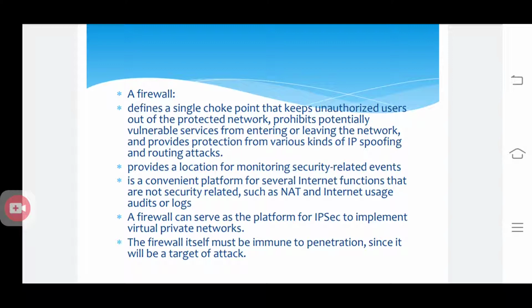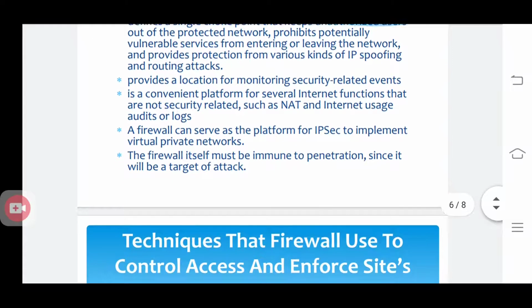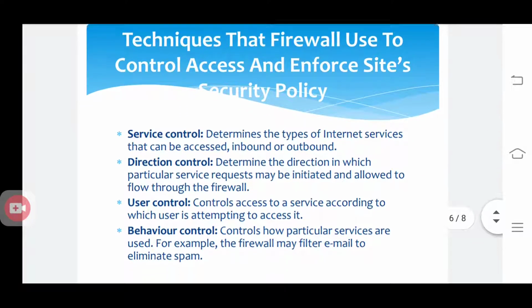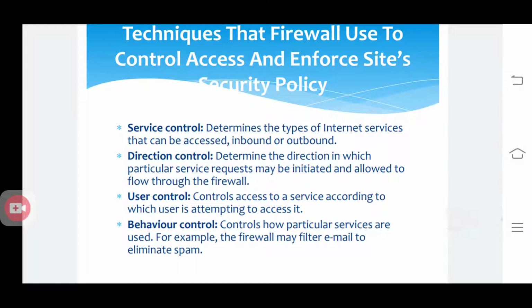So these are the features of firewalls, and the techniques that a firewall uses to control access and enforce site security policy. They provide service control, direction control, user control, and behavior control. In service control, it determines the types of internet services that can be accessed, inbound or outbound.